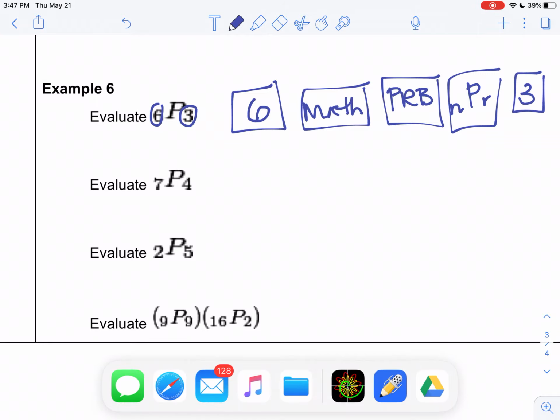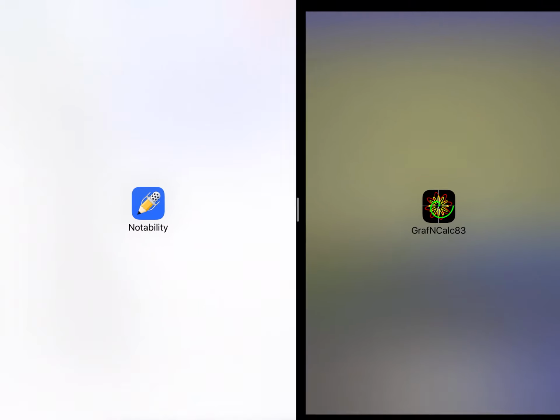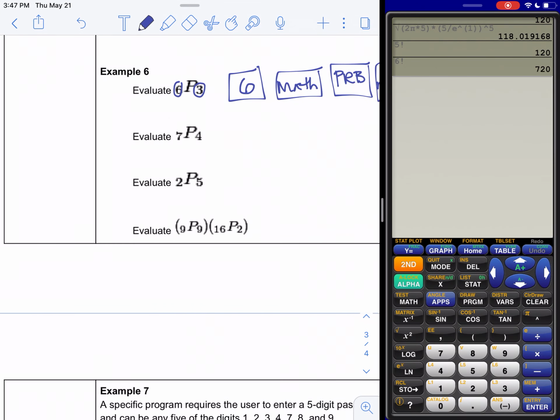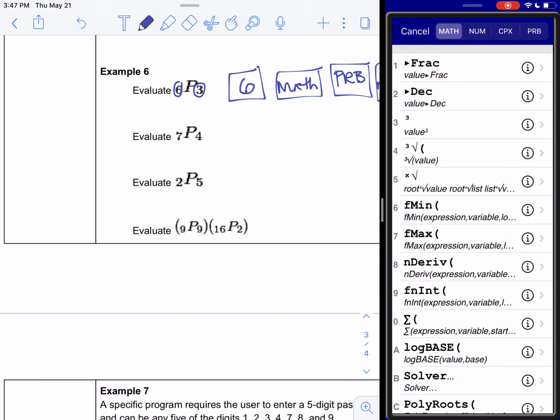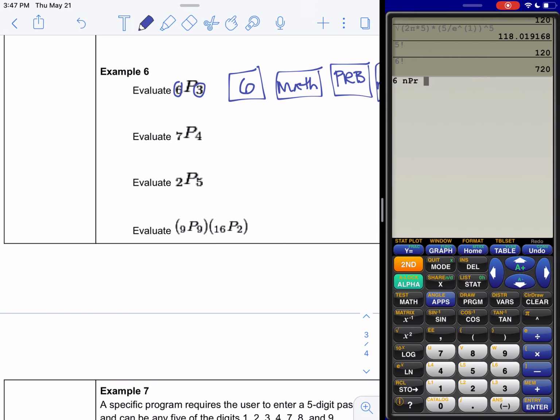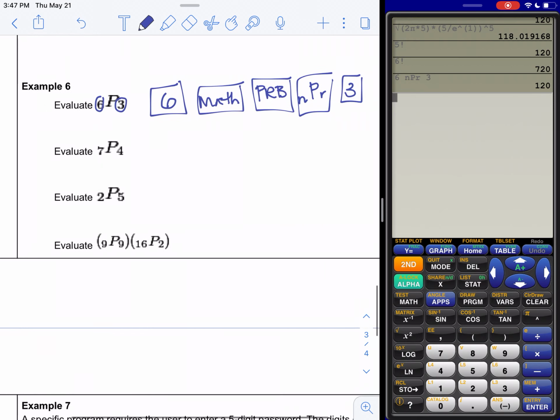So here's what it looks like. I'm going to hit 6, go into the math menu, PRB for probability menu, and then number 2 is this nPr 3. So if I want to take 6 items, 3 at a time, where order matters, there are 120 different possibilities.